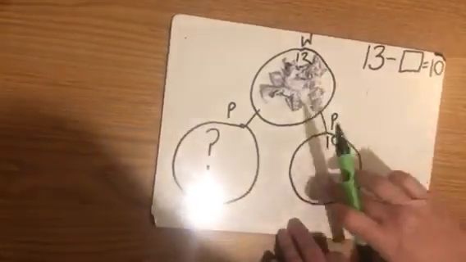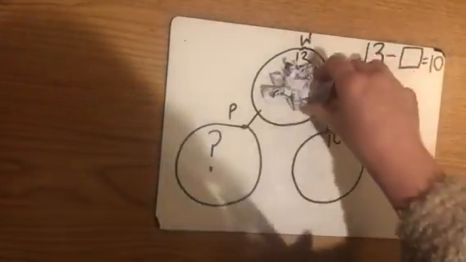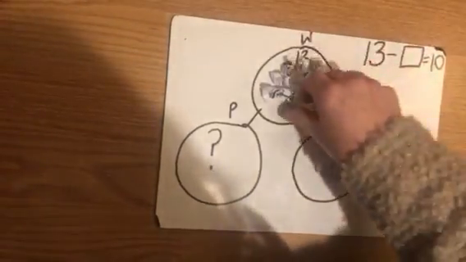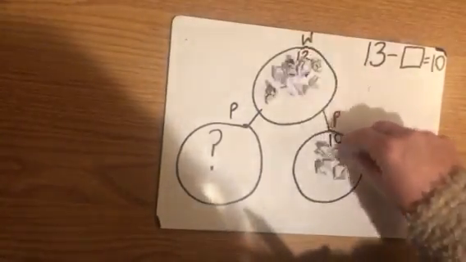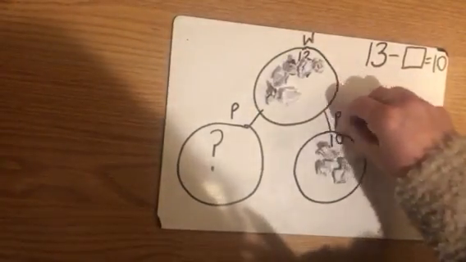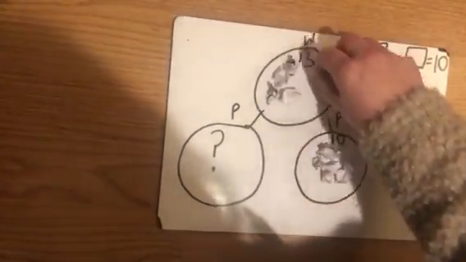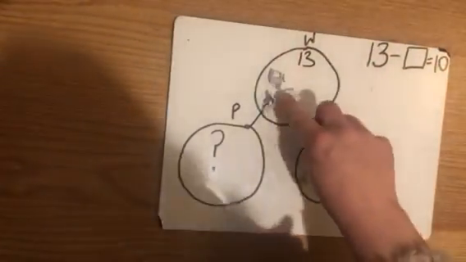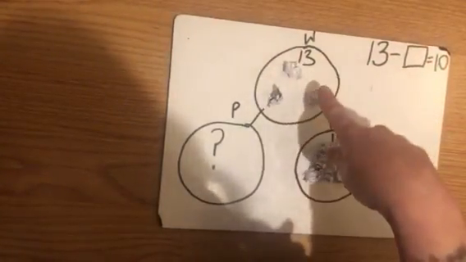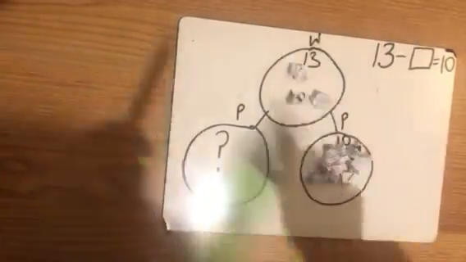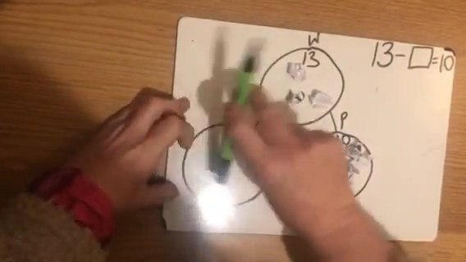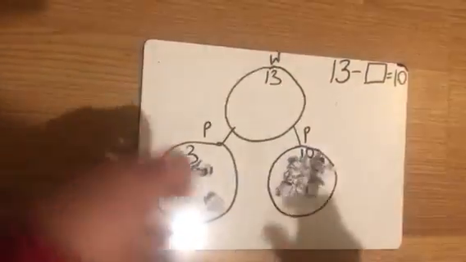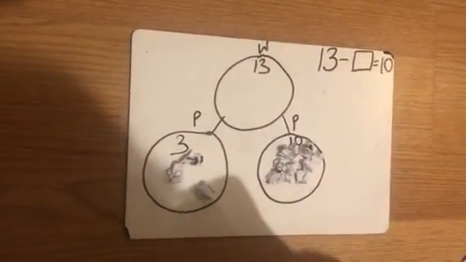So we're going to move some of our whole now into one of our parts. 1, 2, 3, 4, 5, 6, 7, 8, 9, 10. Okay, so as you can see, we are left with 1, 2, 3. So that must mean that the other part over here is going to be 3. So that our missing number is going to be 3.